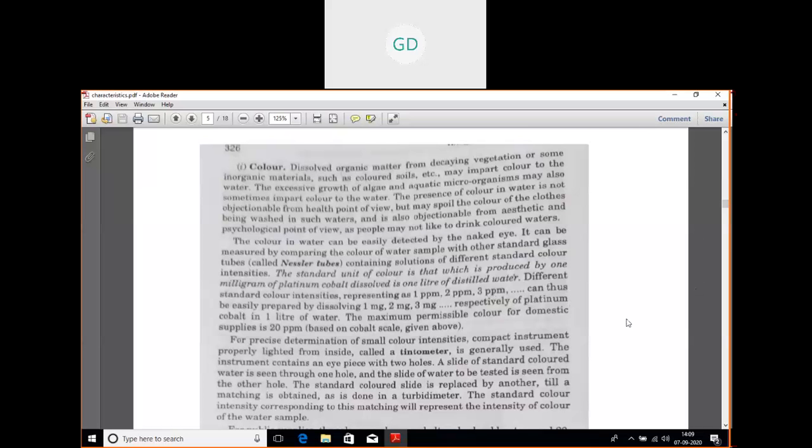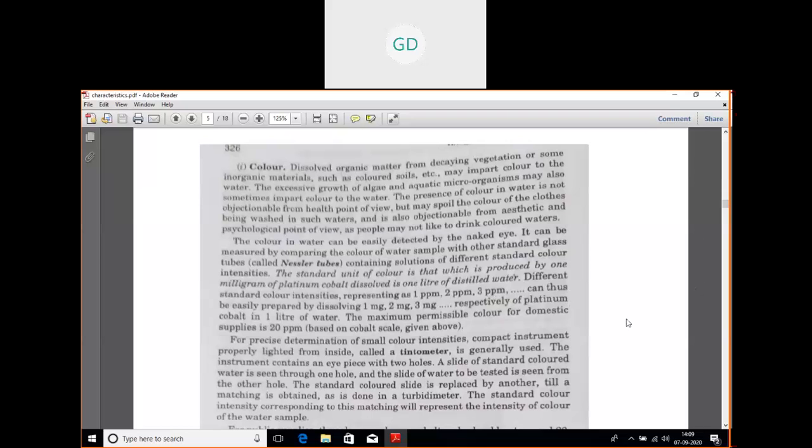In the Nessler's tubes, different colors are already present, and it is already written that if this color is coming, it is 2 ppm. If this color is coming, it is 3 ppm.